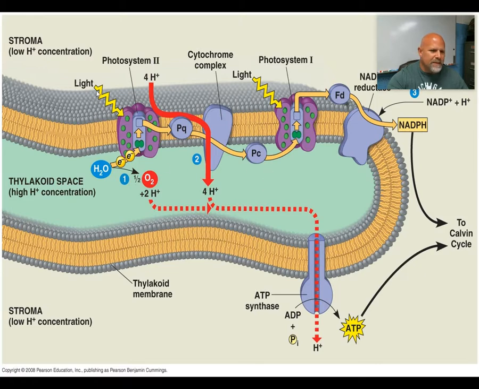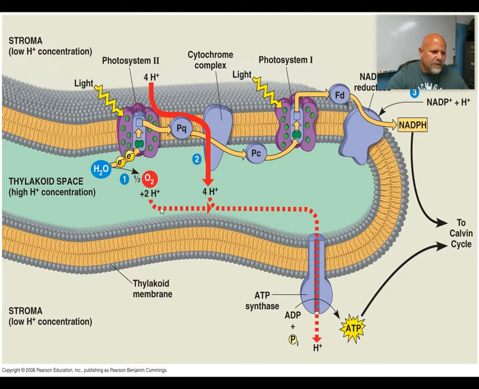And so what happens is light gets absorbed, transferred to the reaction center, where the electrons get energized to a higher level. And then as they pass through an electron transport chain, hydrogens get pumped into the thylakoid space. So this is the stroma out here, and the hydrogens are getting pumped into the thylakoid space.